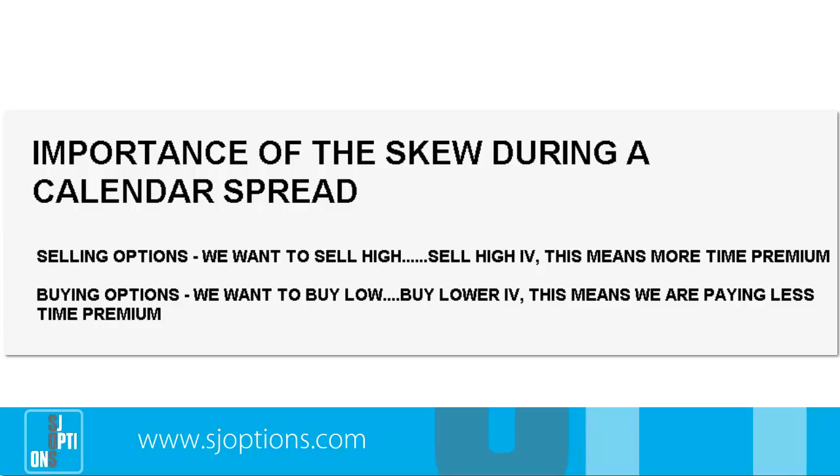Sometimes it might be at the money, sometimes there could be a spike in volatility out of the money. So if you can configure your trades when you enter them where you're selling high and buying low, then it makes for a pretty decent trade. At least you'll have more probability in your favor, especially with this type of spread, the calendar.